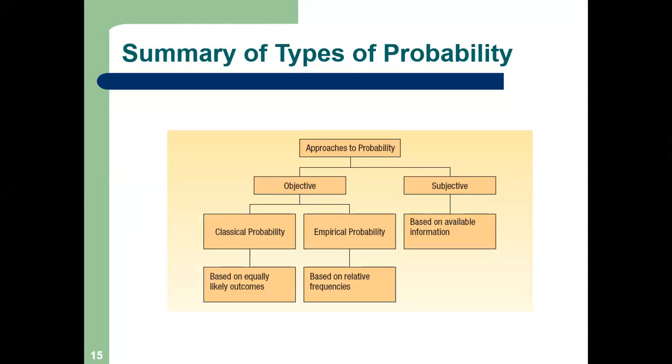Classical probability is based on equally likely outcomes. When the likelihood of outcomes of an event is equal, then we use classical probability.